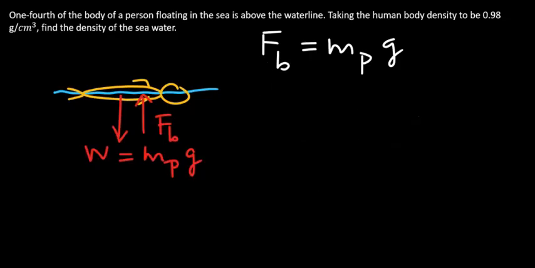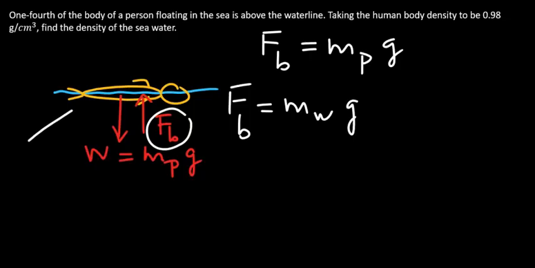Now comes the Archimedes principle. Archimedes' principle states the buoyant force equals the weight of the water displaced. The person is obviously floating, so his or her body would displace a certain amount of water, and the weight of that water displaced equals the buoyant force.